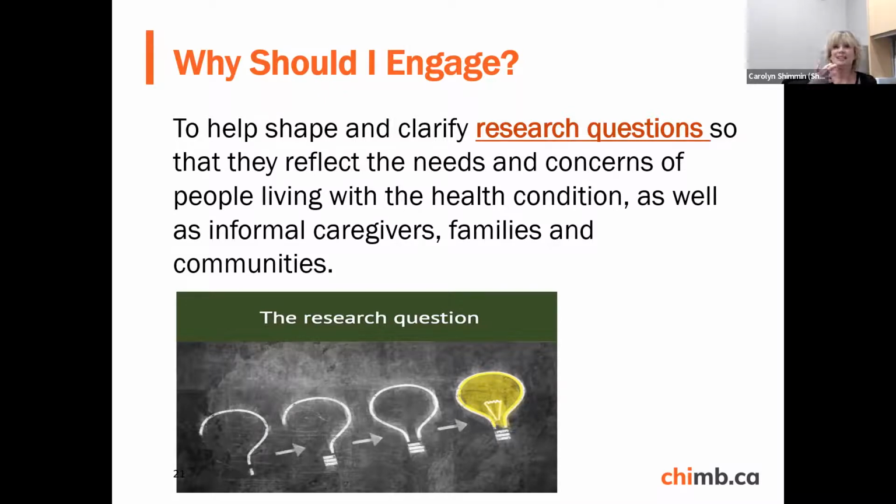And so that helped, having that input and changing it to a strengths-based approach and question ended up meaning more people were interested in participating in the study.